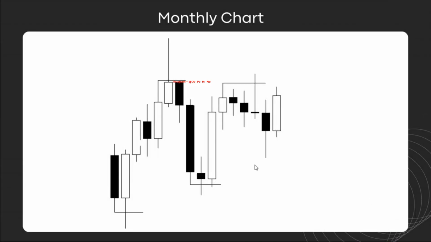So here we've got a monthly time frame, right? And here I've chosen the small price action right here. It seems pretty small, but this price action was formed over a year and a half and it has a range of like 2000 pips. The monthly chart is the first one that you're going to start analyzing with.